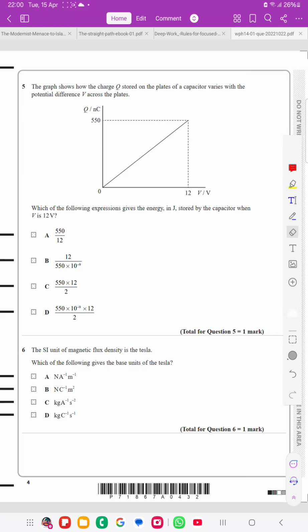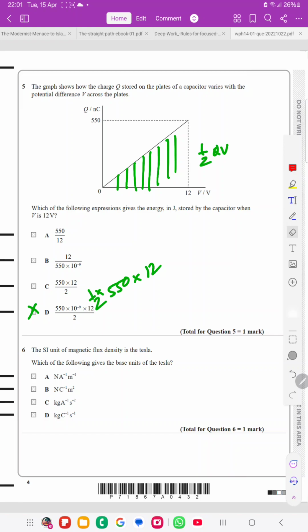Now we know that in a charge against voltage graph, the area under the graph tells you the energy stored, which is half Q V. So not A, B or C, D is the answer here, because the charge here is 550 and according to the formula, half Q V with V as 12, and since the charge is in nanocoulombs, you also need to multiply by 10^-9.